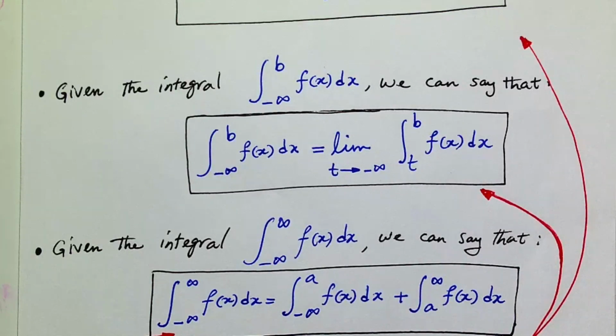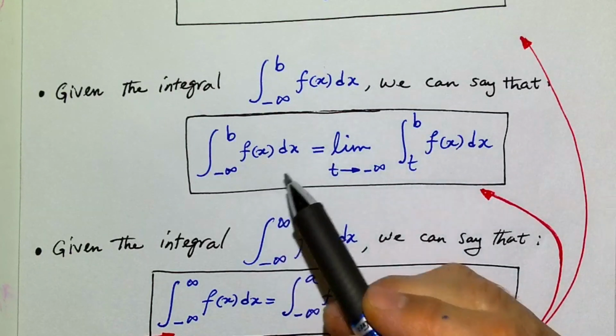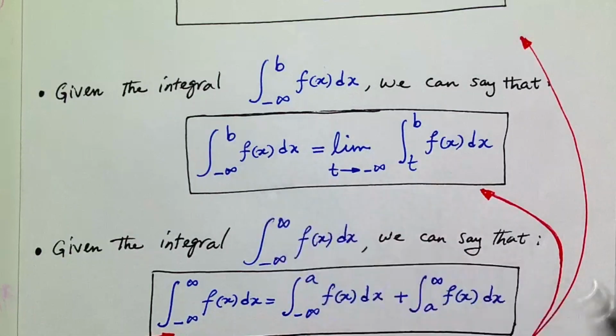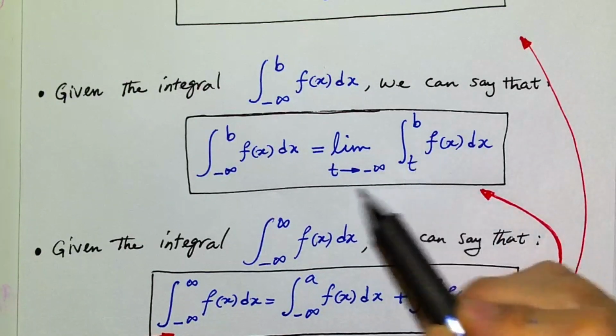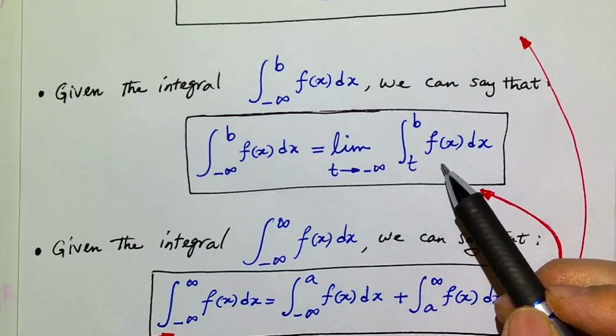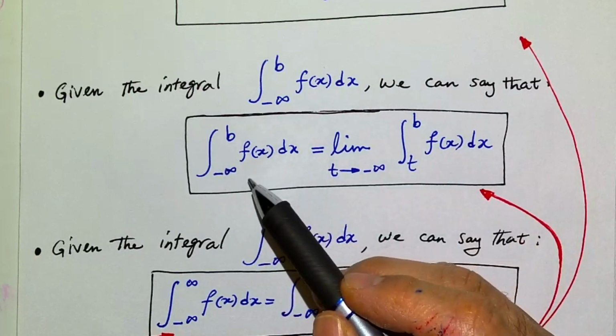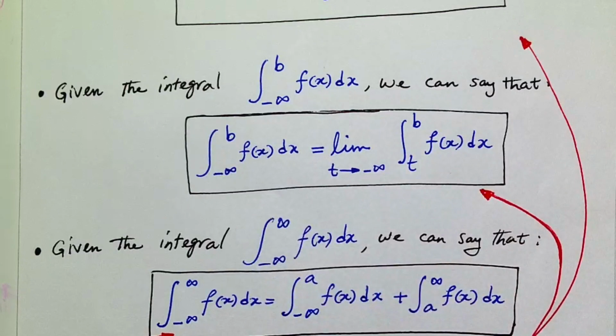It's converging to a certain value. That area between the x-axis and the curve f of x is approaching some quantity. But if this limit does not exist, then we say that the integral diverges. So that area is just expanding infinitely. There is no value to which it converges. It's an infinite area value.